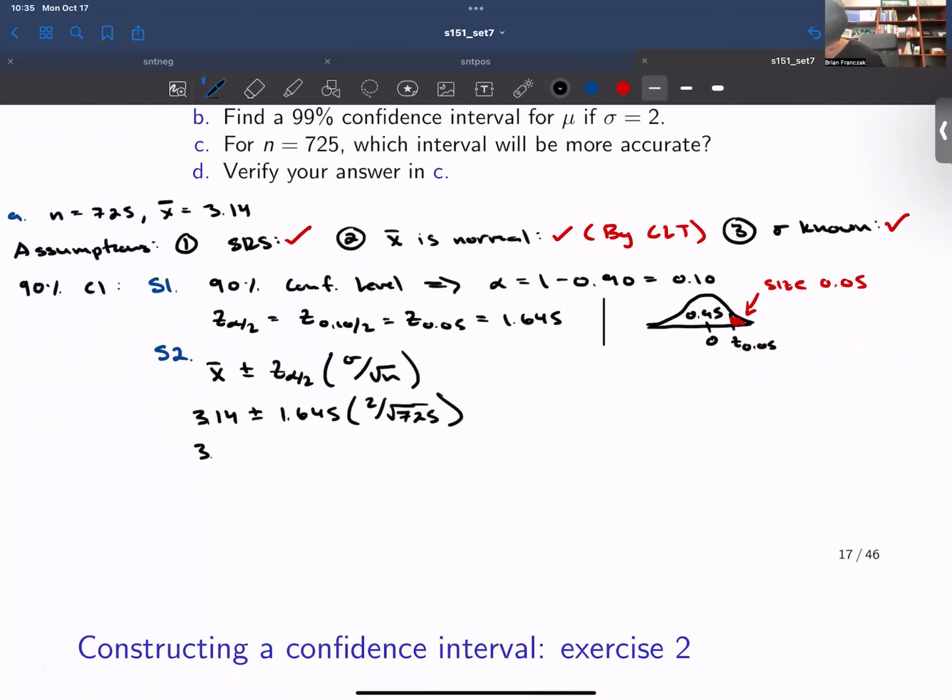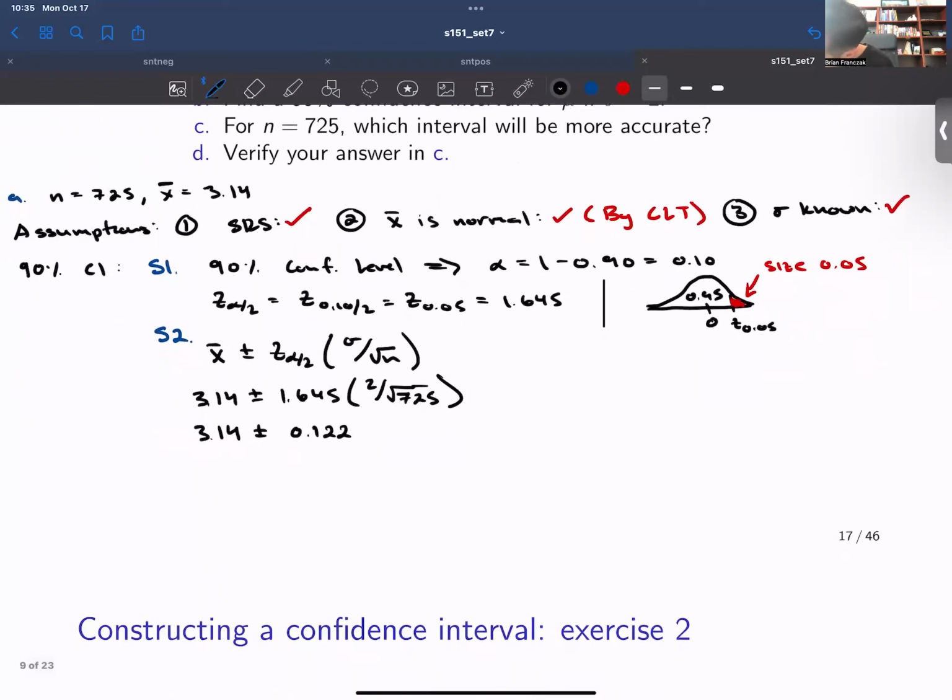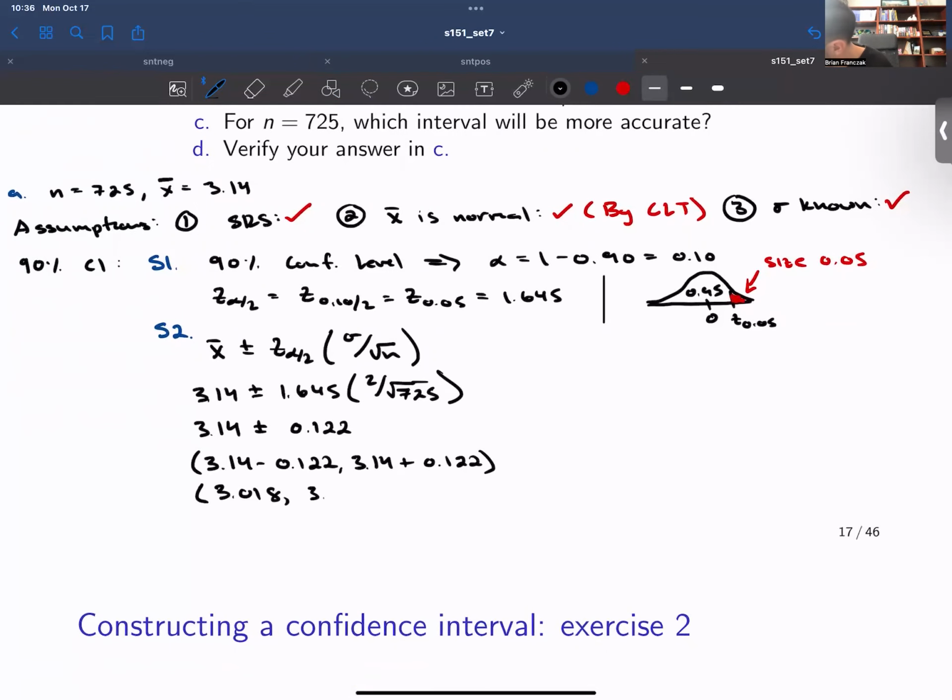This gives us 3.14 plus or minus 0.122. If we subtract and add 0.122 to 3.14, we have 3.14 minus 0.122 and 3.14 plus 0.122. We end up with 3.018 to 3.262.